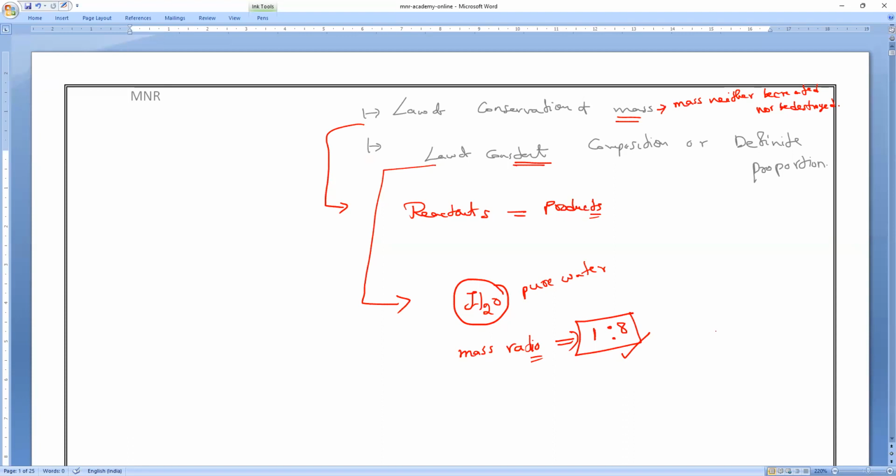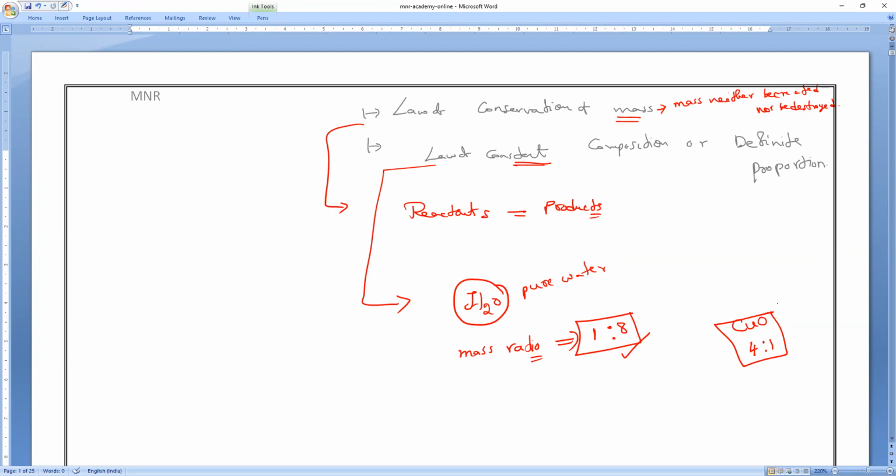For example, copper oxide. If you take copper oxide, the mass ratio is always 4:1. We'll discuss it, don't worry, just remember that. These ratios always remain constant. Which ratio?